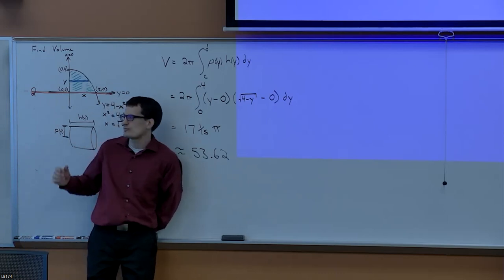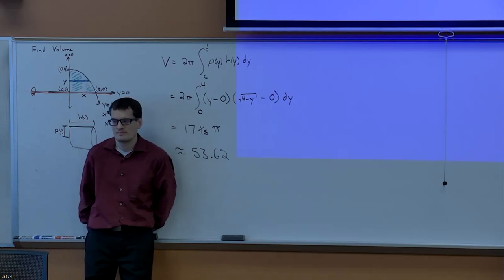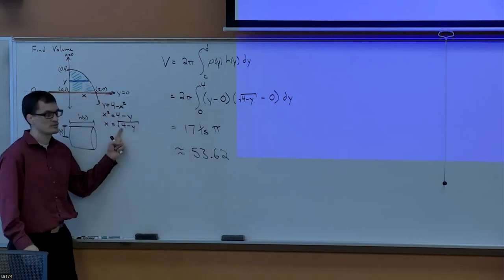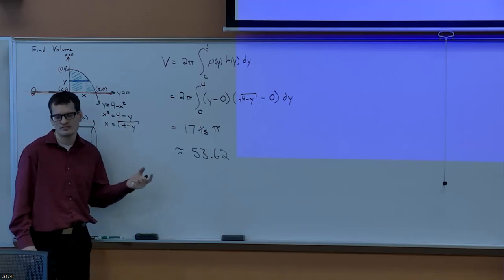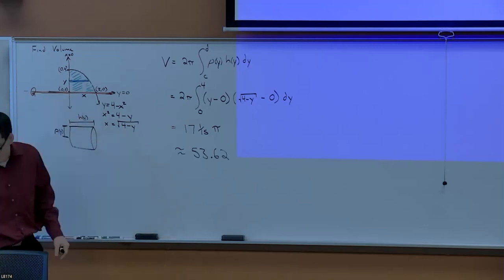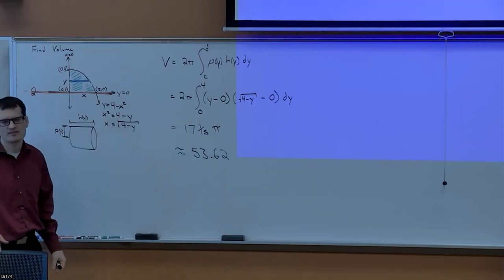Because I'm using this square root, you get 17.0666, and then it's off by a few decimals. That makes sense?